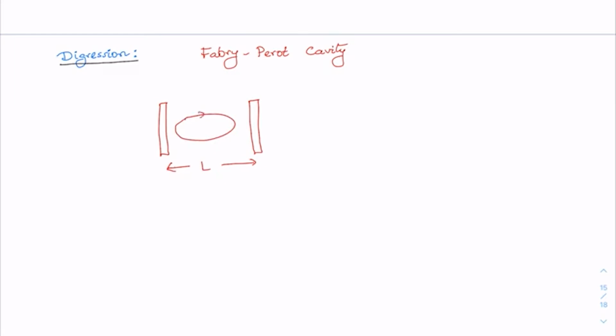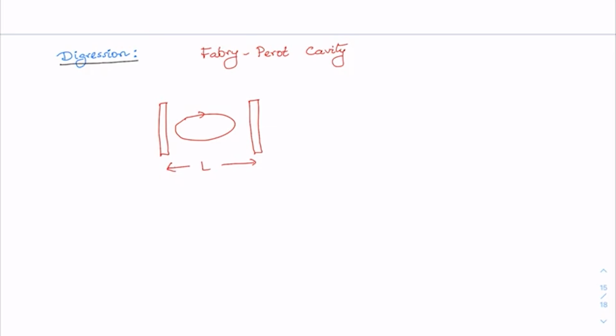That has to be the condition, and in this case it will constructively interfere with itself. Otherwise the phase will precess on each successive round trip, and eventually it is going to lead to destructive interference.